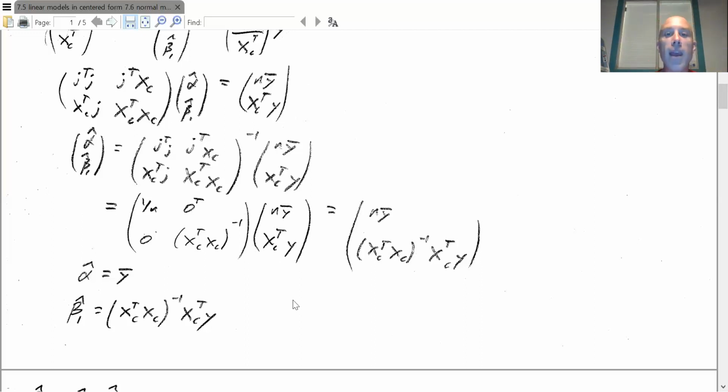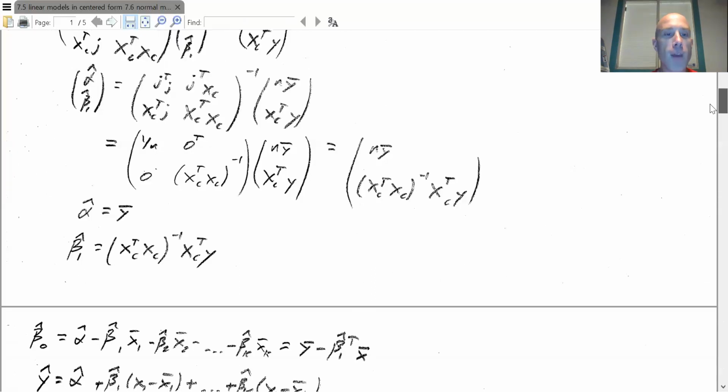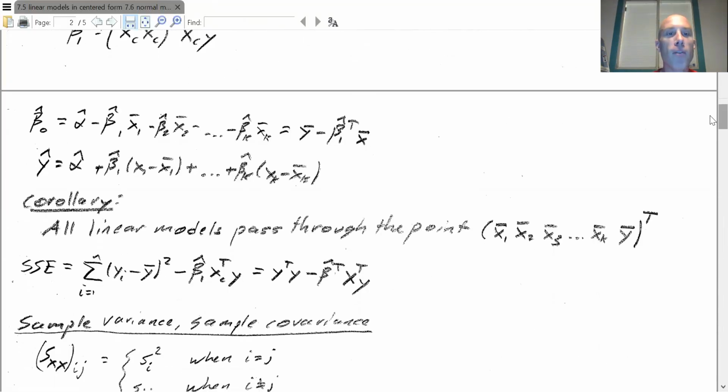We're feeling comfortable with this. So in this situation, alpha hat is just Y bar, and beta 1 hat is our normal equation, but on centered X. Isn't that nice? Isn't that familiar? That feels comfortable to me. I feel safe and warm. So if I think about alpha, I think about beta sub 0 hat.